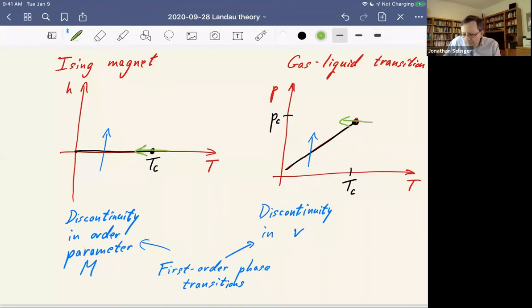And in either of these cases, we could be reducing temperature, or we could be going on some diagonal path like that, right? In the liquid gas case. In these cases, passing through the critical point, there is no discontinuity in the order parameter.